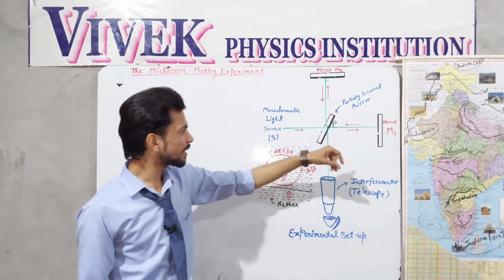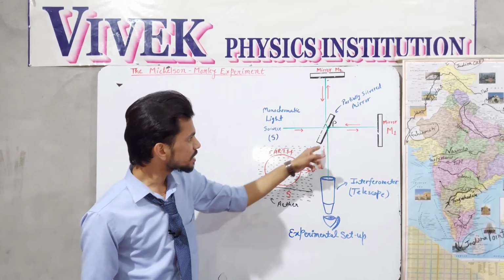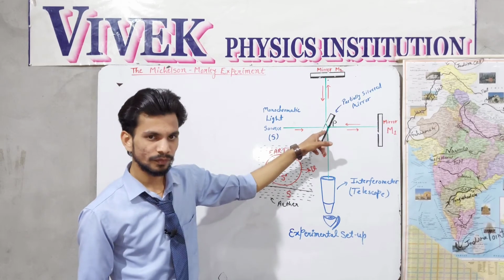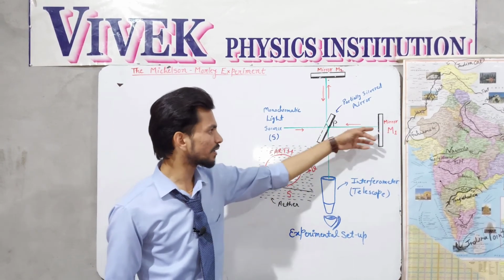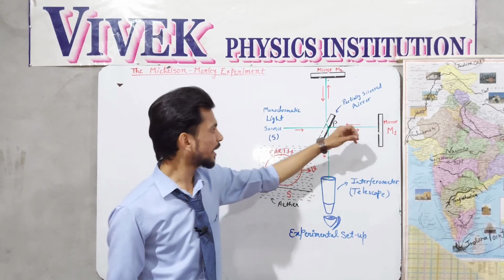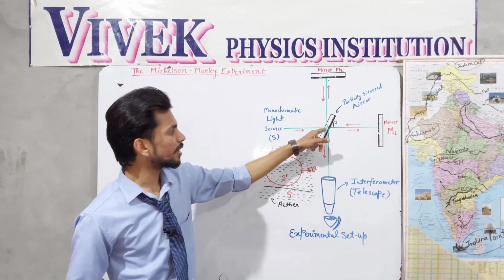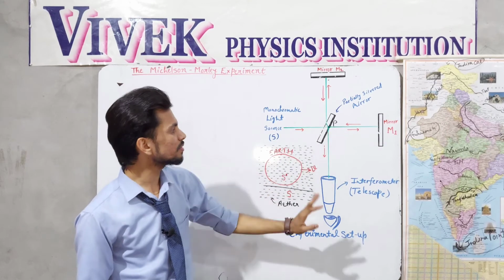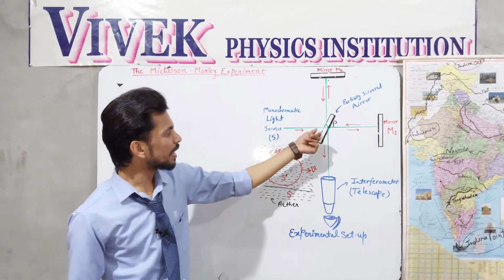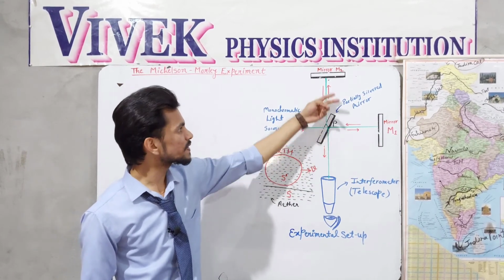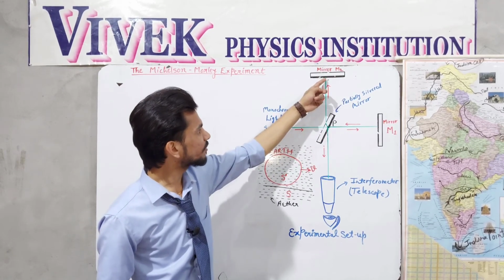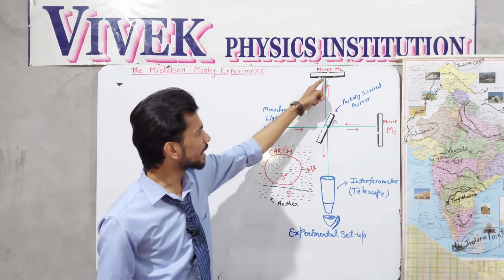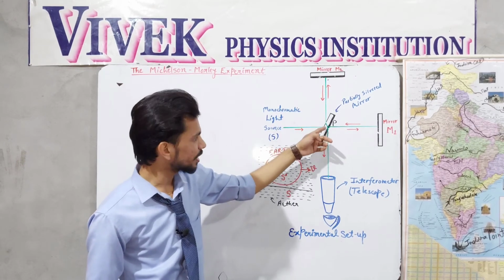The part that is refracted from this partially silvered mirror falls over the mirror M1 and turns back after reflection from it, and again comes to point P. Now the part that has been reflected towards M2 again turns back after the reflection at M2 and comes to point P.